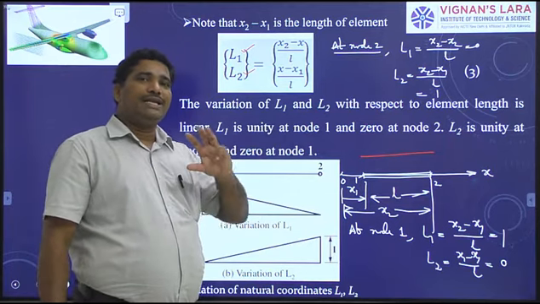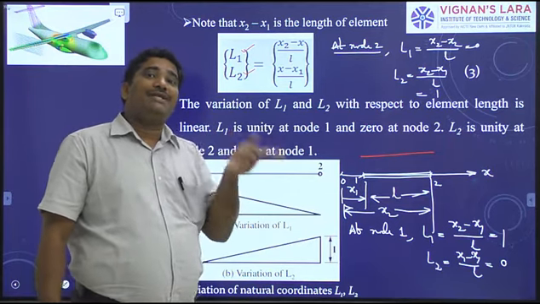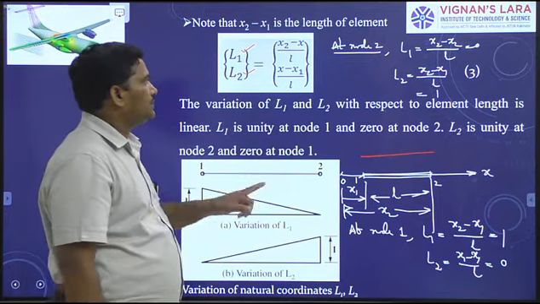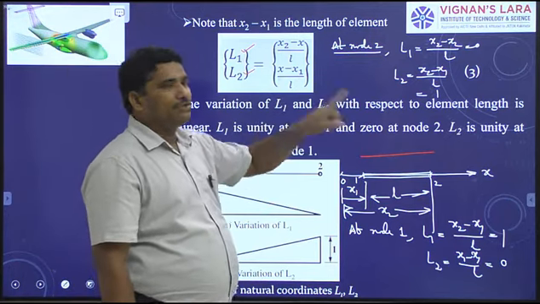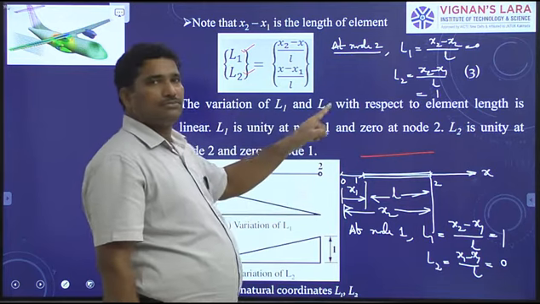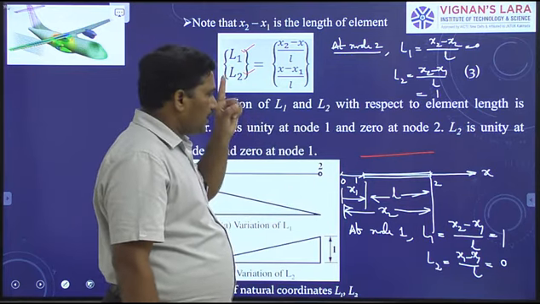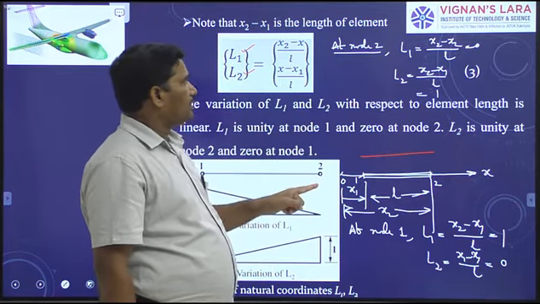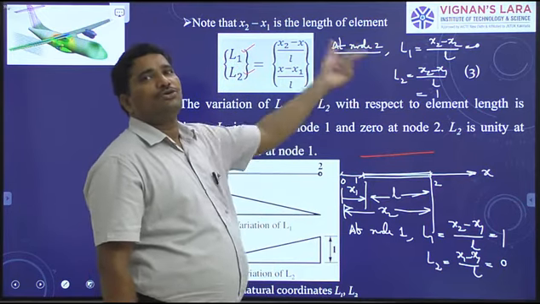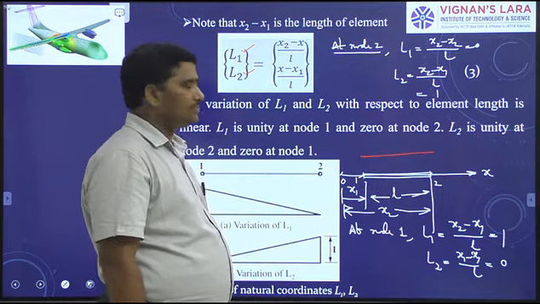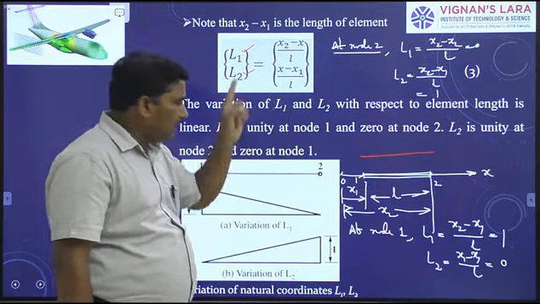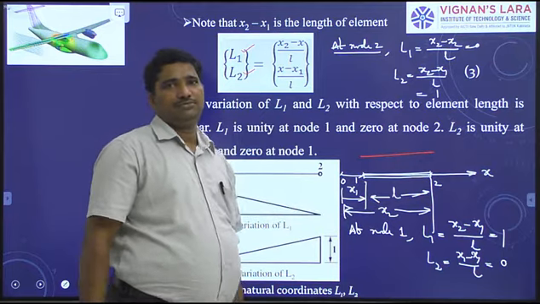Do you observe any case where L1 is greater than 1? No. Next one. If L1 is unity at node 1, L1 is 0 at node 2. If L2 is unity at node 2, L2 is 0 at node 1.